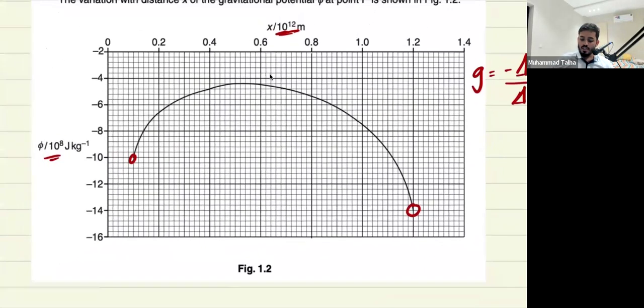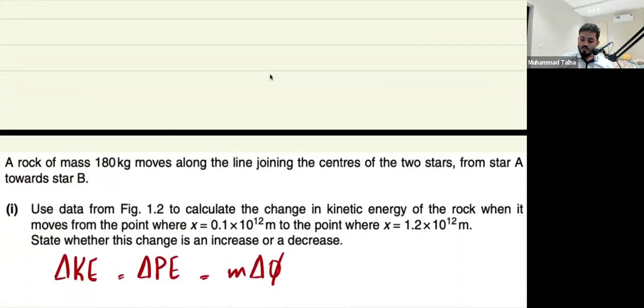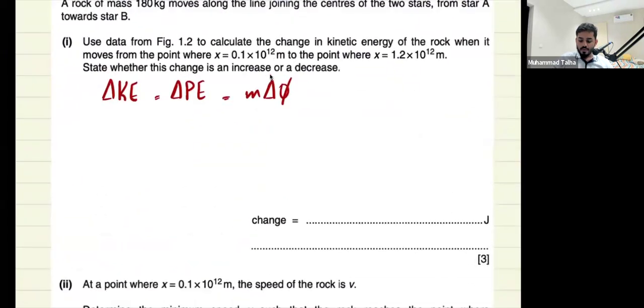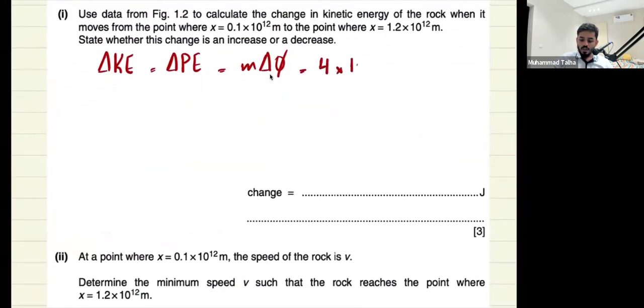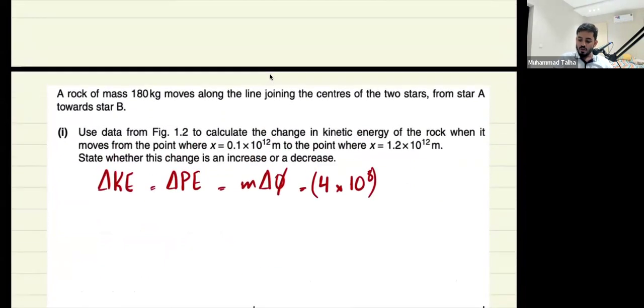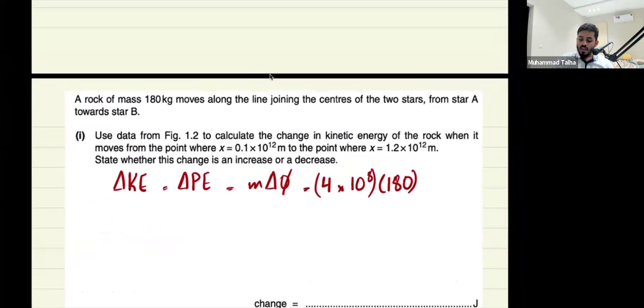So if I look at this as a change, this is 4 times 10 to the 8. This is delta phi, and m, the mass of the rock, is 180. So I just multiply them together and I get the gravitational potential energy change, or the change in the kinetic energy.